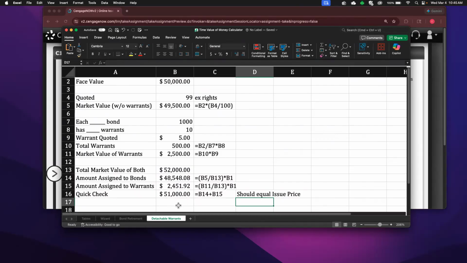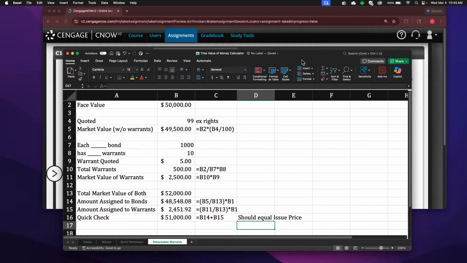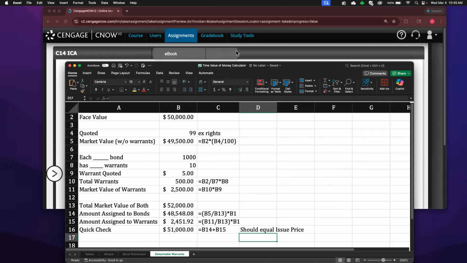If it doesn't, we're wrong. If it's a little bit off, it might just be a rounding error, but ours equals perfectly. So that is our answer for over here.